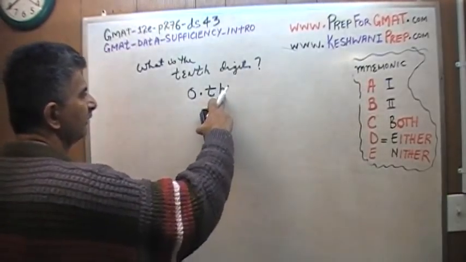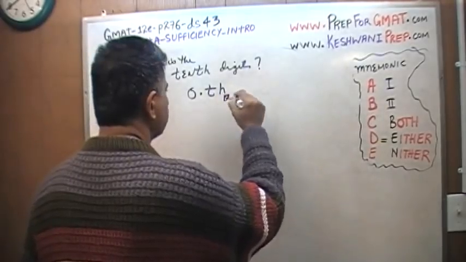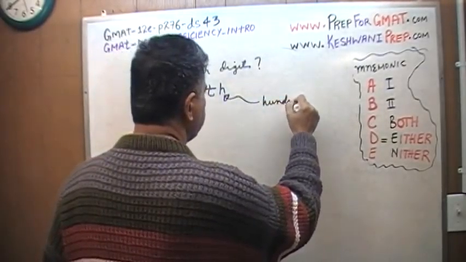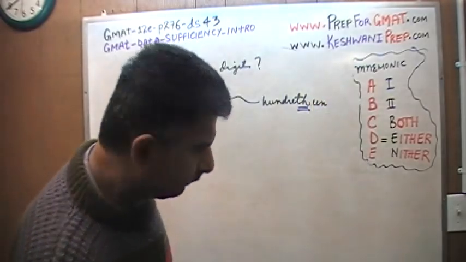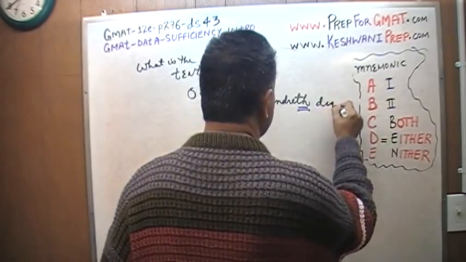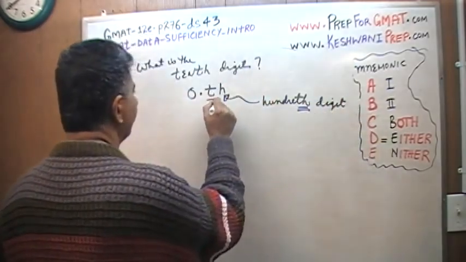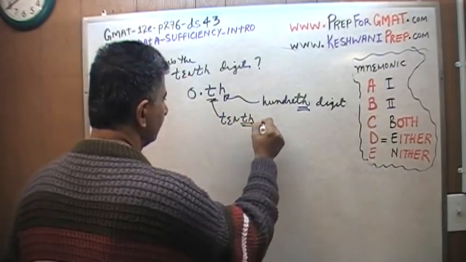So here's your 10th digit, here's your 100th digit, and this is your 10th digit.